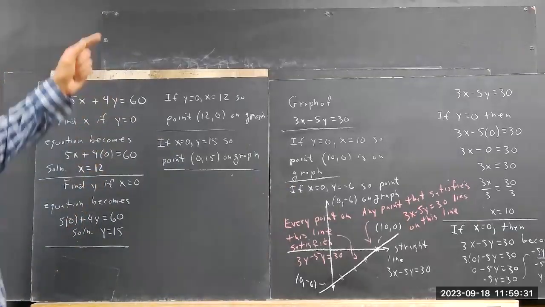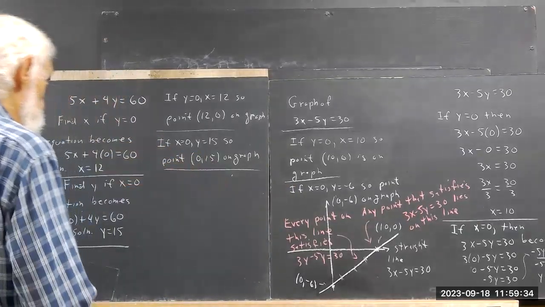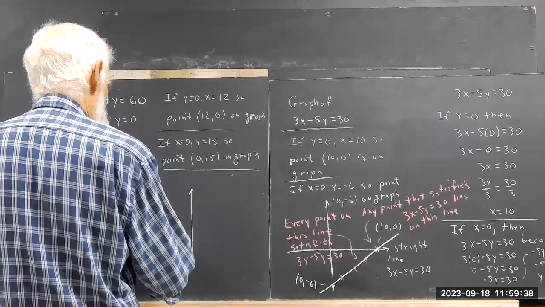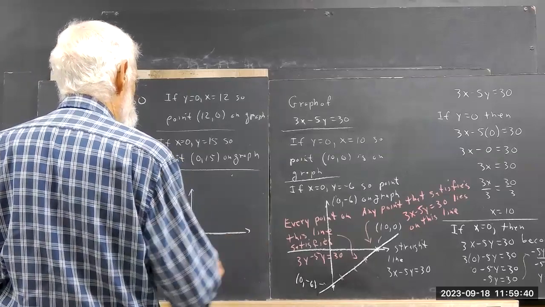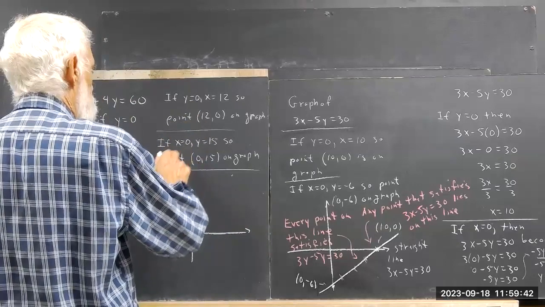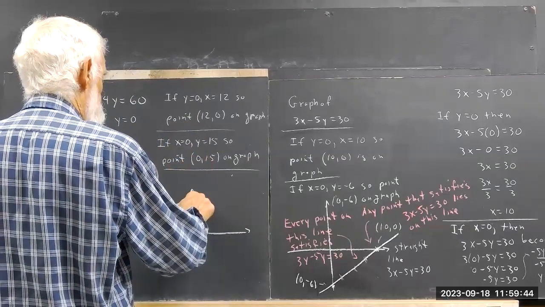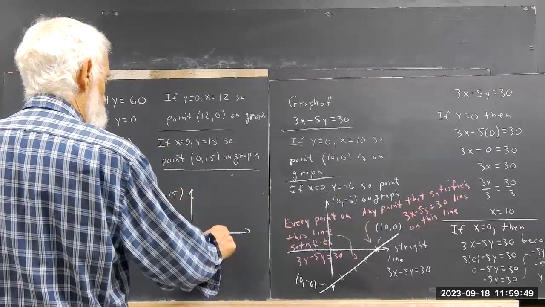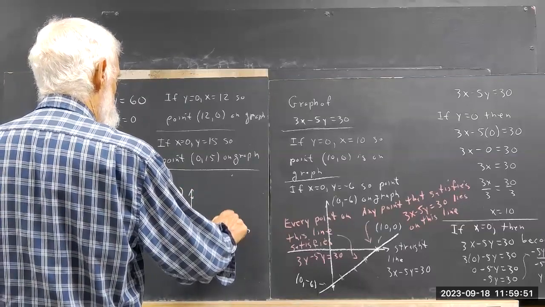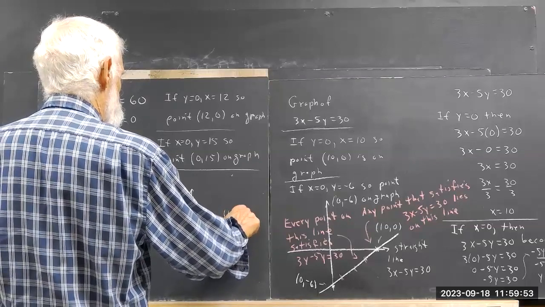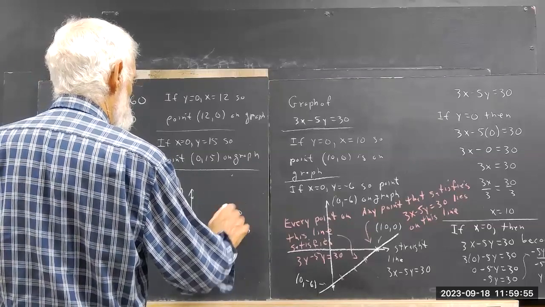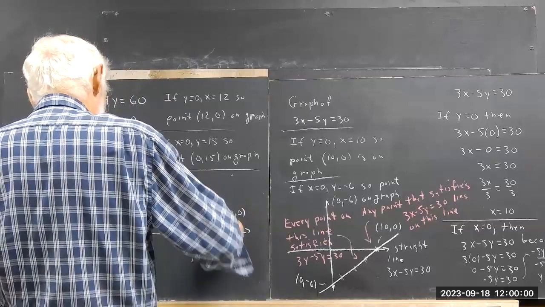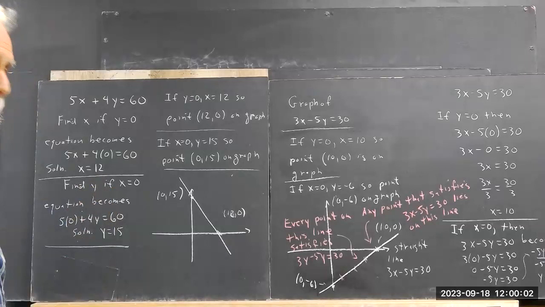If x equals 0, y is 15, so the point 0, 15 is on the graph. So now we can sketch our graph. We can put the point 0, 15 on the graph. And we can put the point 12, 0 on the graph. You can draw the straight line. And there we have a graph.